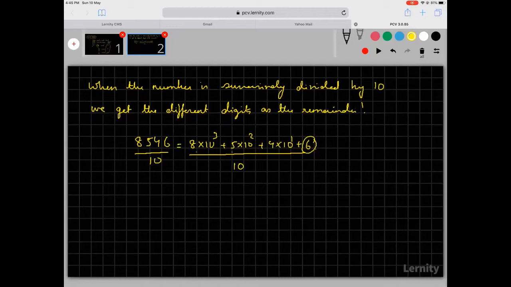Then when I take 854, I'll get this as my second remainder. And again, I'll get this as a third remainder. Then I'll get 8 as my final remainder, right? So when I take the number and successively divide by 10, we get the different digits as the remainders. Do we understand this? This is a simple concept.